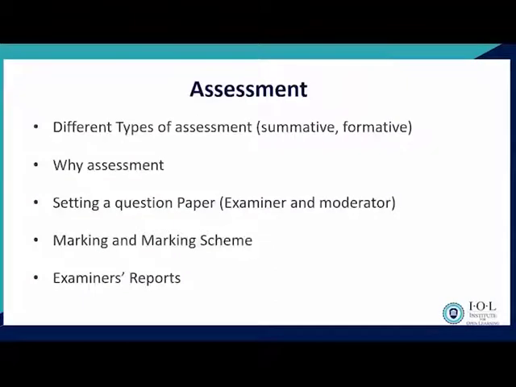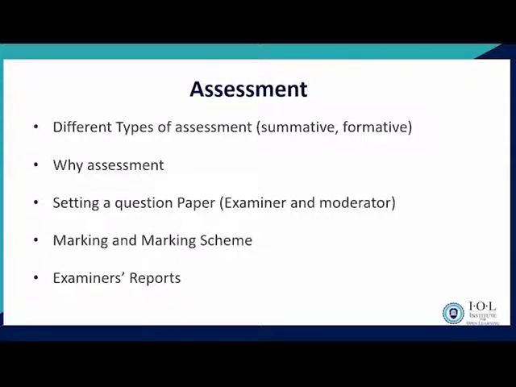Moving on to assessment. Assessment is a way to check if the goals and objectives of the lesson have been attained. So you need to understand the different types of assessments, such as summative and formative assessment.